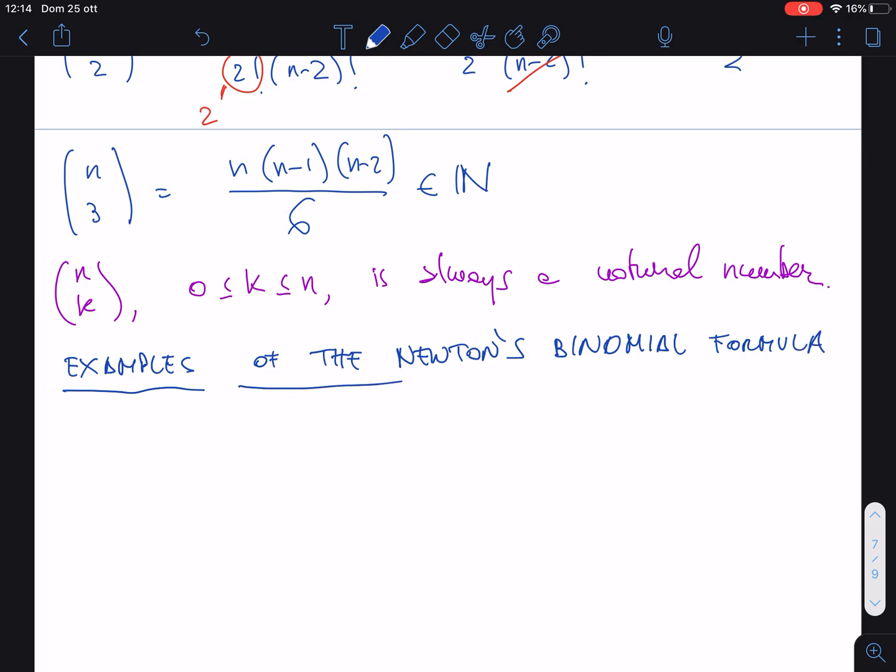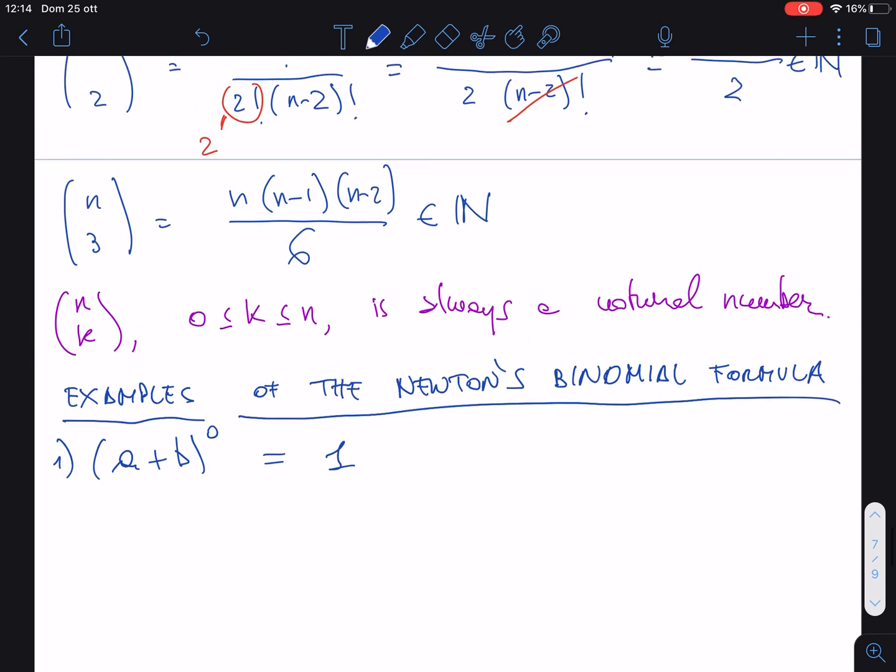And the first example is very simple. With n equal to 0, (a plus b) to the 0 power, we know that this is equal to 1, because every number to the 0 power gives 1.